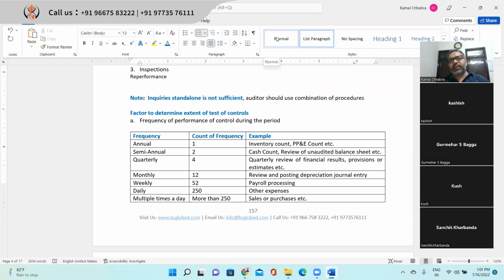Have you heard about the month-end closing process? Yes, I was going to say month-end checklist. How many of you have ever been involved in the month-end closing process? I reviewed a few controls like the month-end checklist or the quarter-end checklist, wherein whether the entries were posted or not.